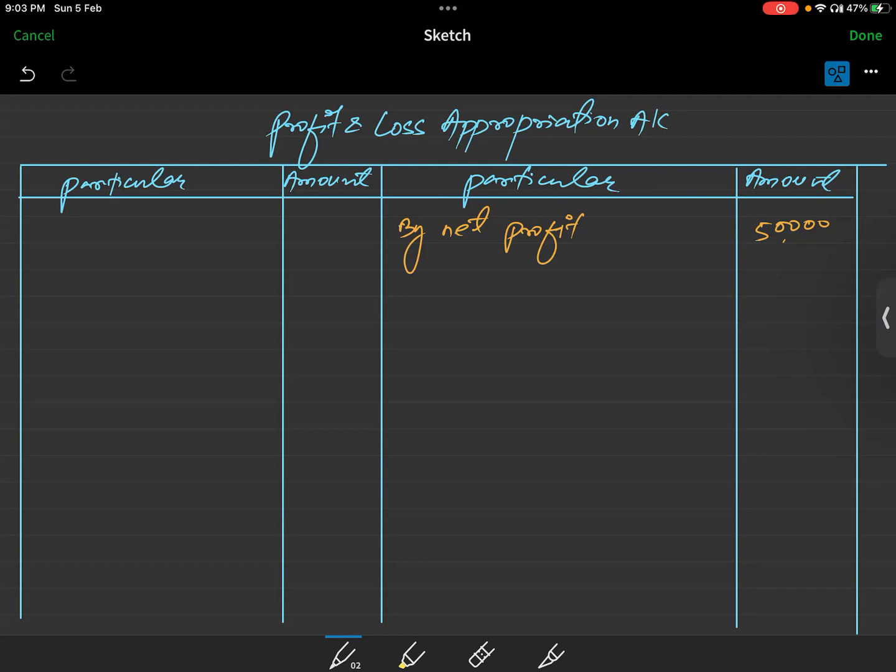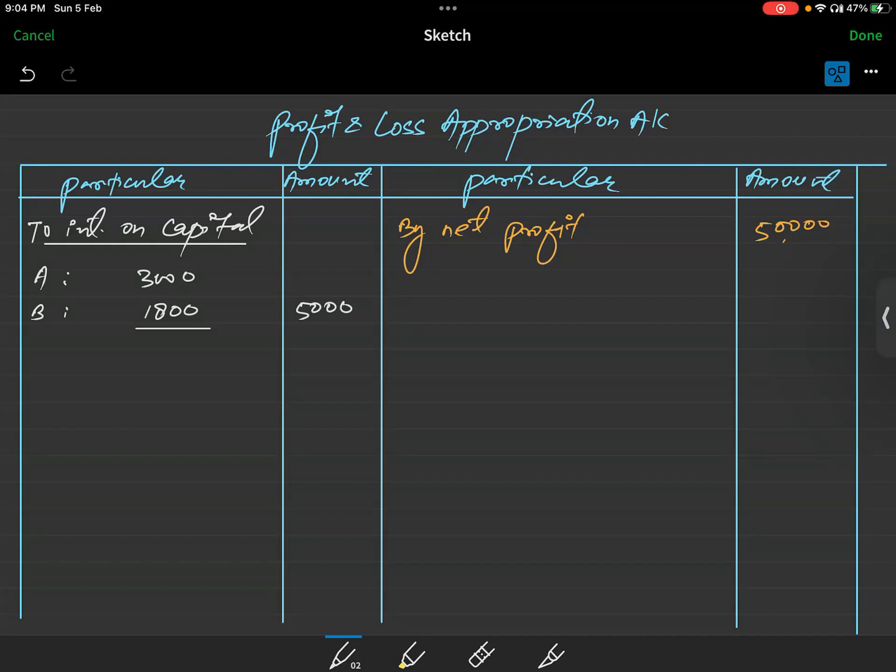Okay. So interest on capital for A and B will be 3,000 and 1,800. Totaling this, we will get 4,800.